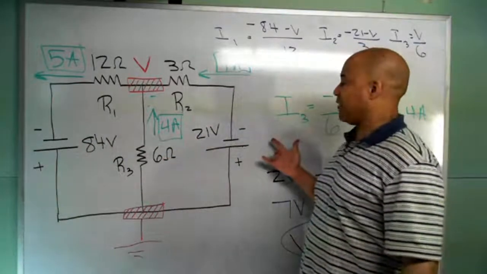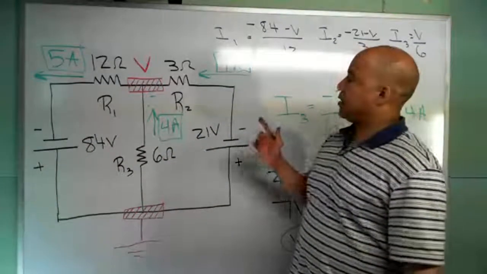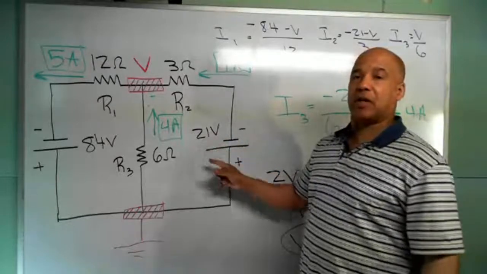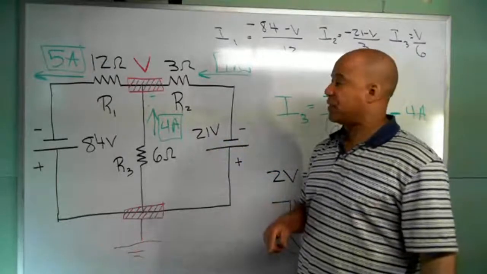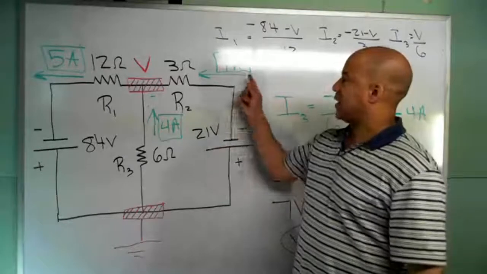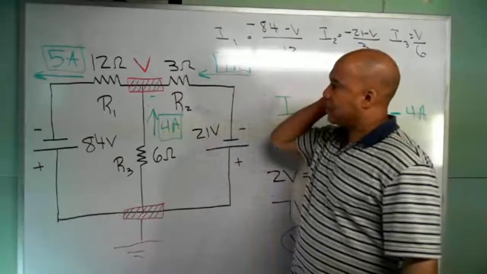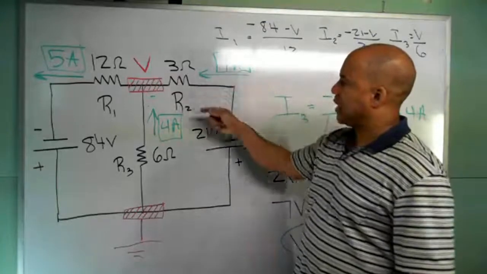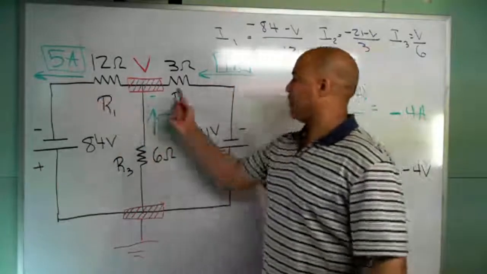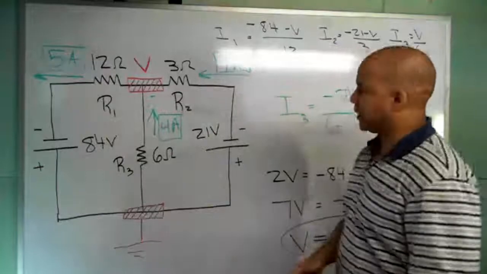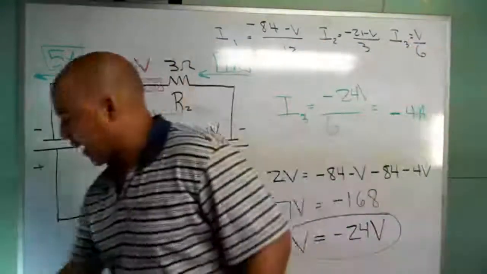It definitely changes the amount. But you guys already have the solution to this circuit. Look back at your notes for either superposition or mesh analysis and see if these answers match what we got the other day when we solved this circuit using mesh. Did we get a 1 to the left, a 5 to the left, and a 4 going up? Is that what we got, or did we get something else? Anybody have their notes?